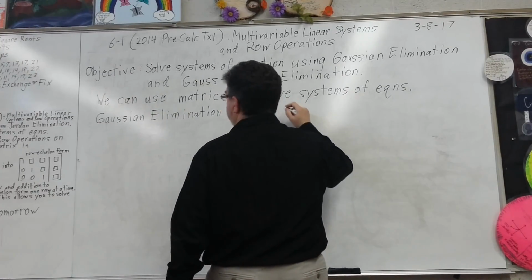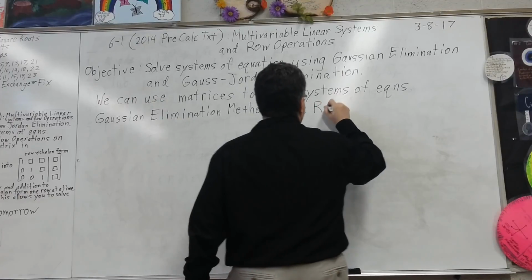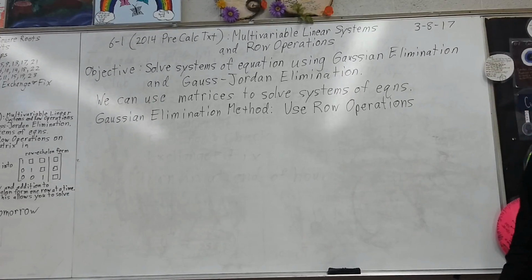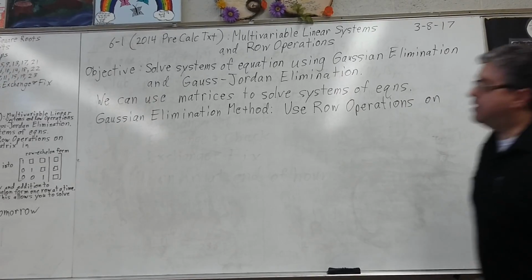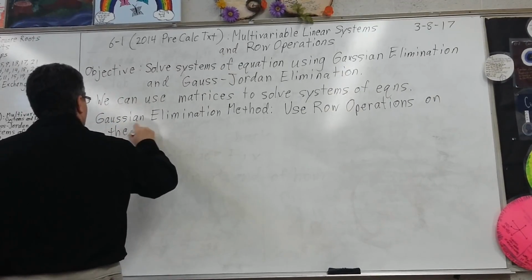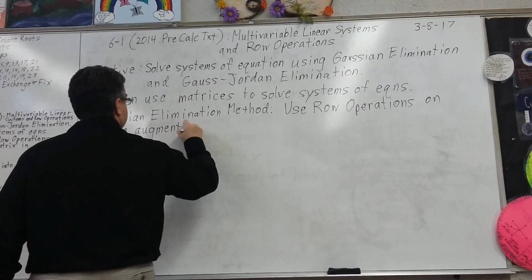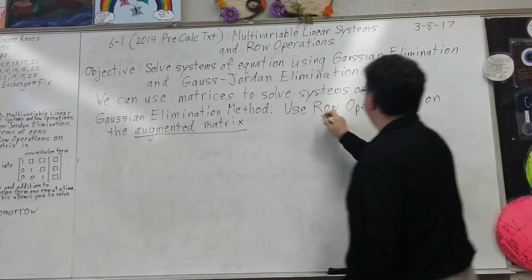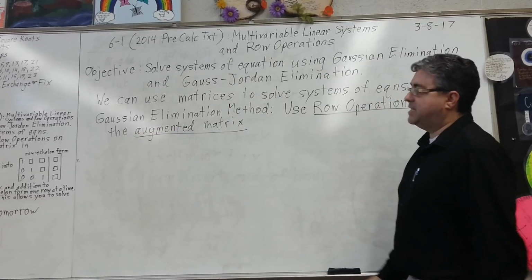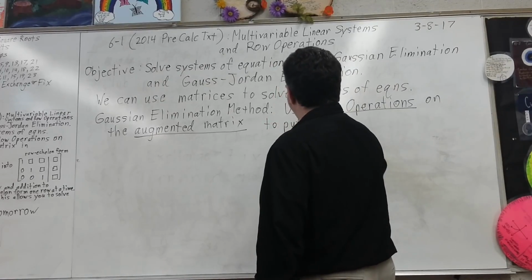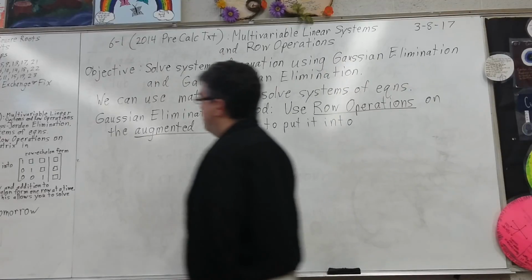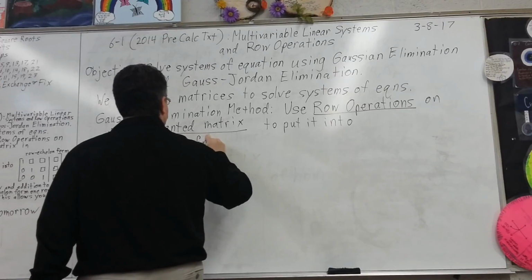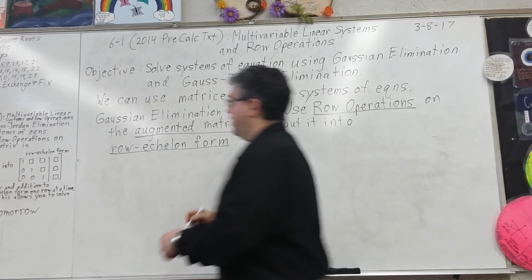In the Gaussian elimination method, you use row operations on the augmented matrix, which is another thing we'll have to talk about, to put it into what we call row echelon form. Another thing that we're going to have to talk about.